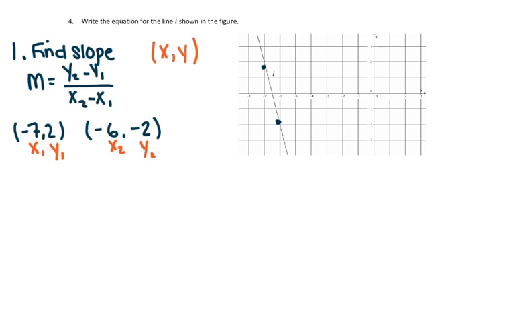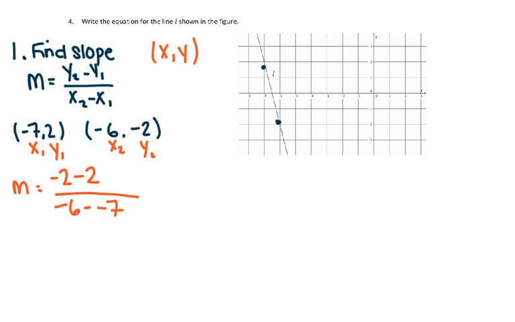So now I'm going to take my y2 value, so I'm going to write m equals negative 2, and I'm going to subtract from that negative 2 my y1 value, which is 2. And then on the bottom of my equation, I am going to put negative 6, because that's my x2 value, minus negative 7. Now, I'm going to carry out the subtraction.